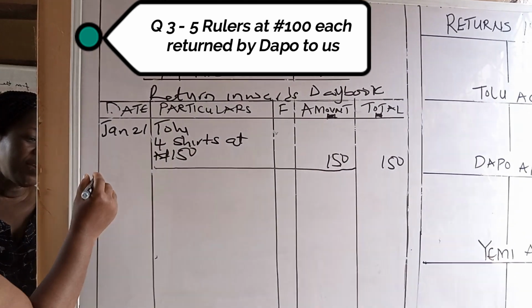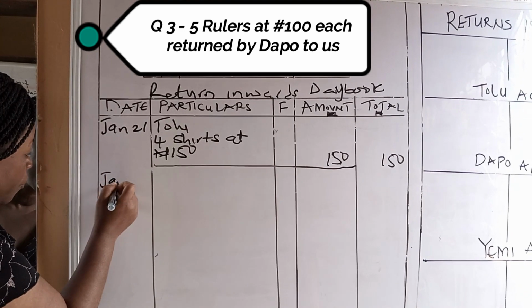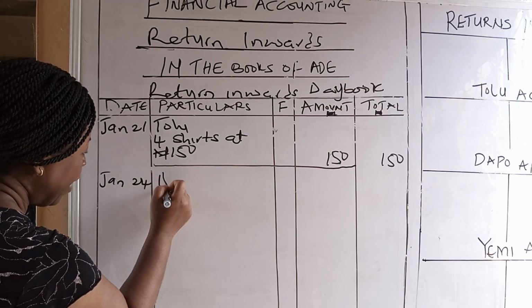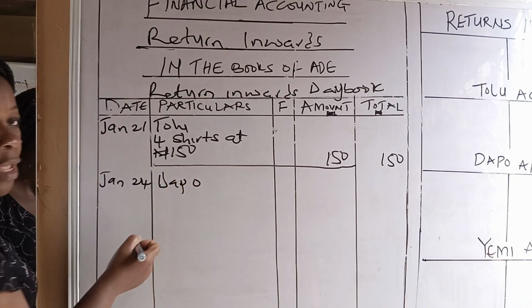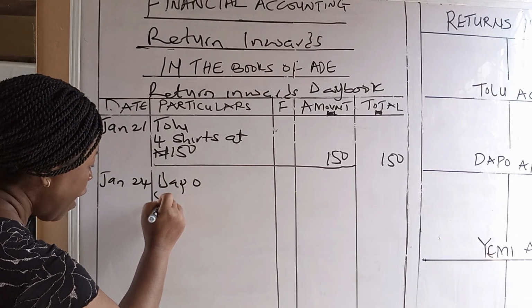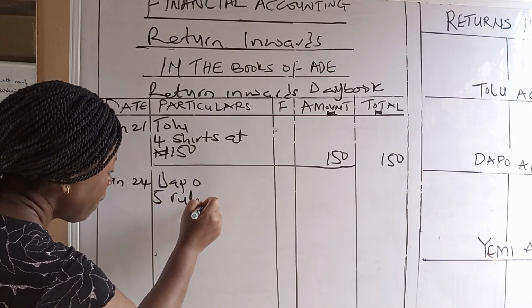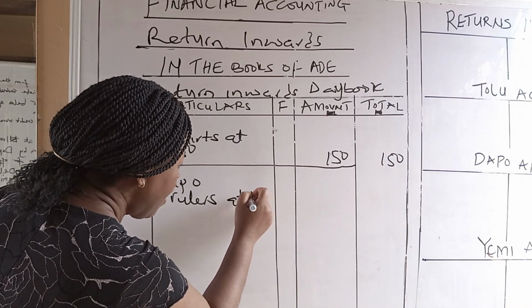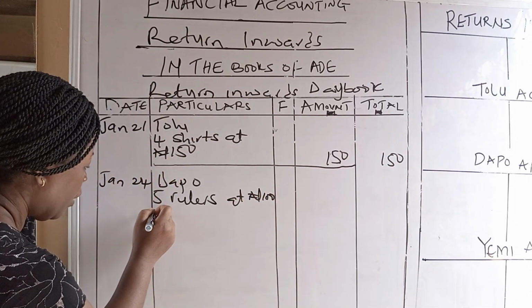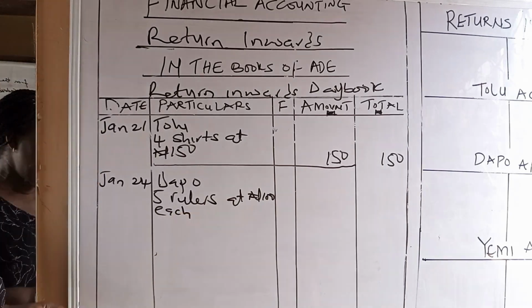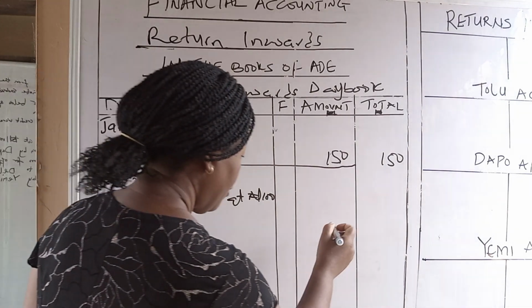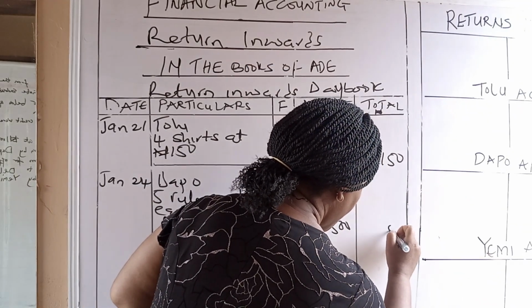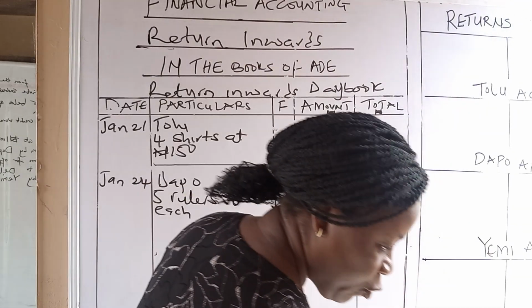So January 24, the person that returned it was Dapo, and he returned 5 rulers at 100 naira each. 5 times 100 gives us 500 naira.